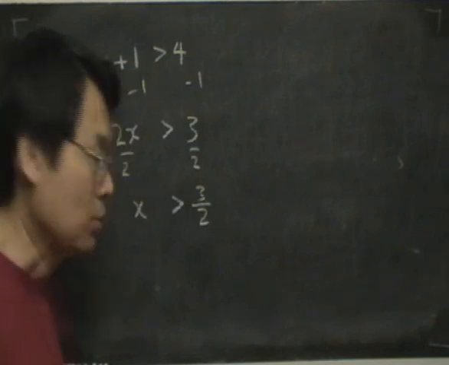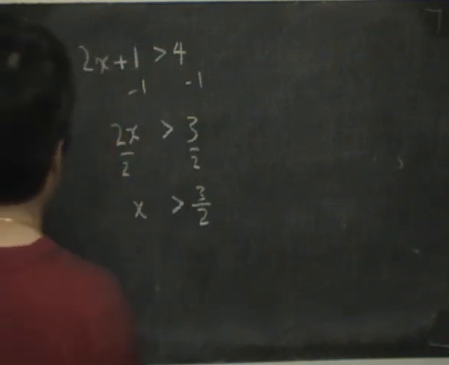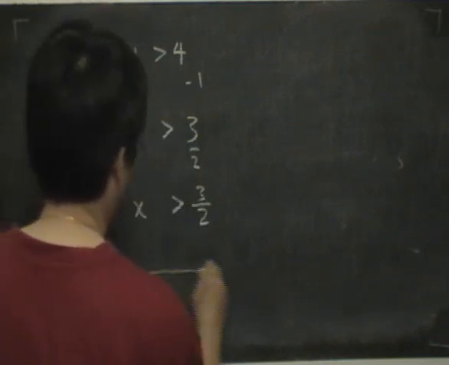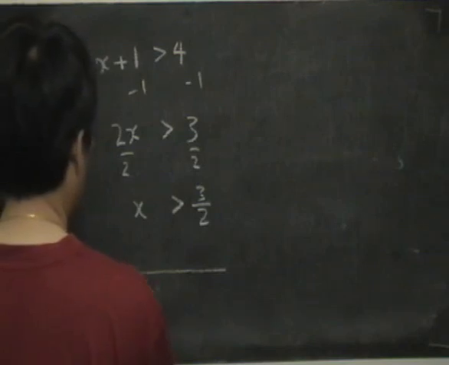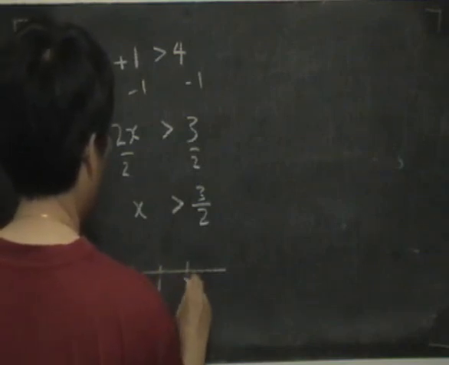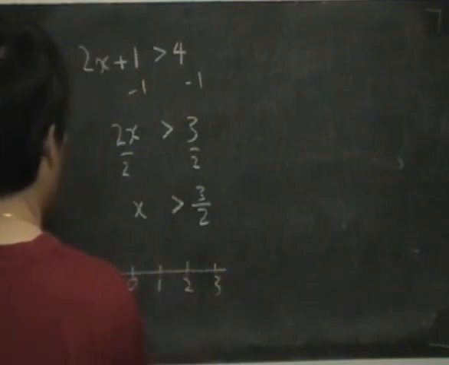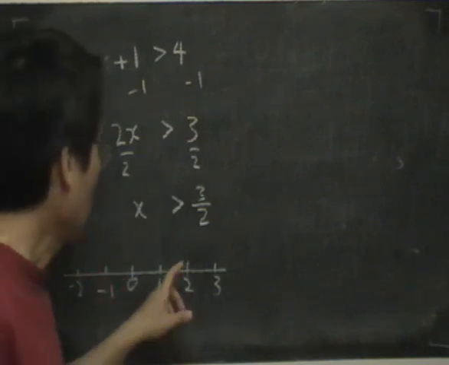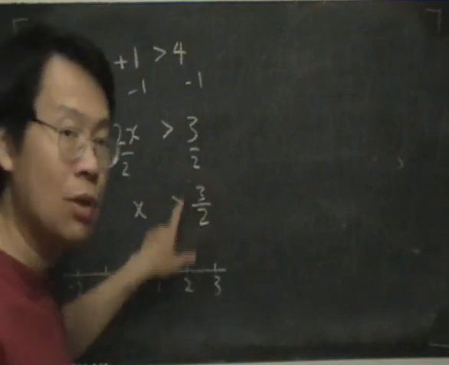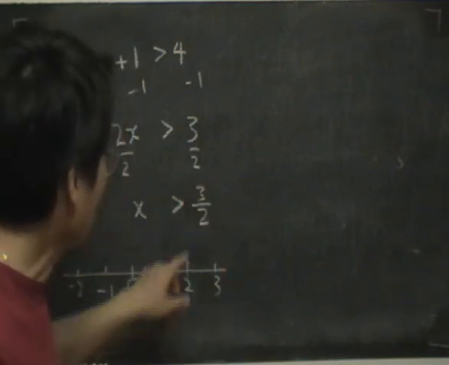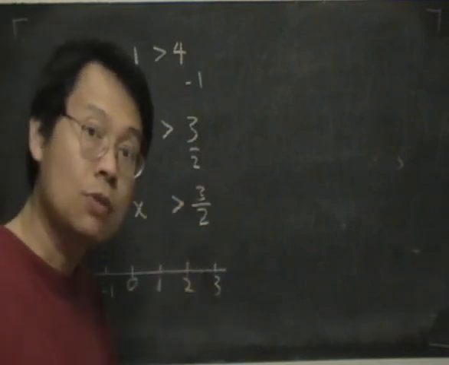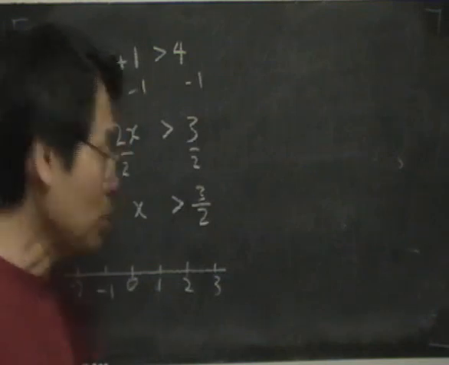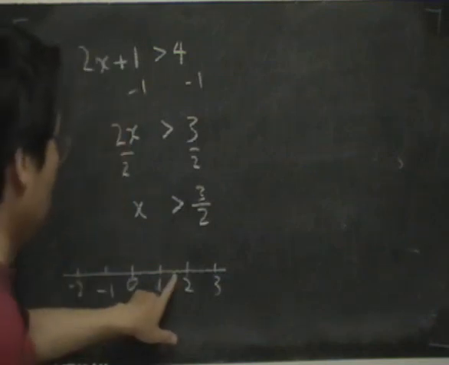Now if I want to display this on a number line, 0, 1, 2, 3, and so on. Okay, I would locate this number, find this point on the number line, 3 over 2. 3 over 2 is 1.5, so it's there.